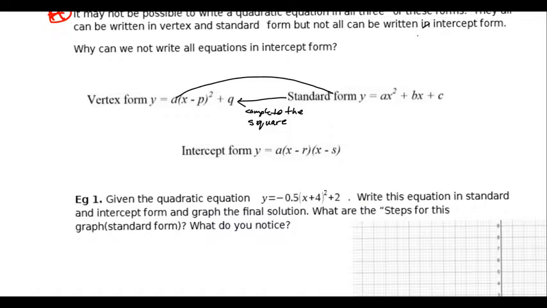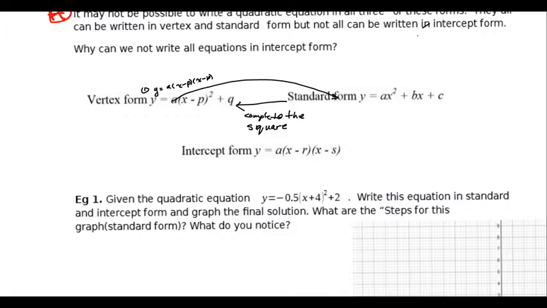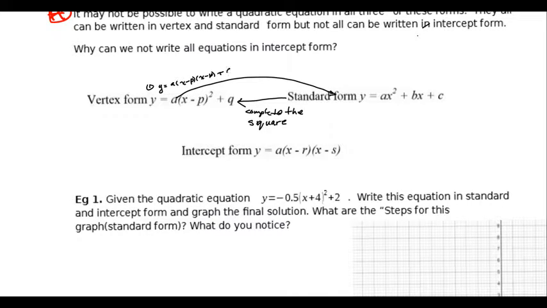I'm going to draw a nice long arrow, and we're going to put a bunch of steps. 1. You're going to rewrite our equation to be: y = a(x - p)(x - p) + q. 2.